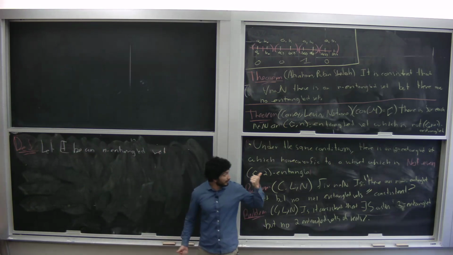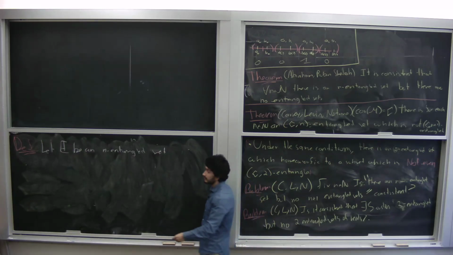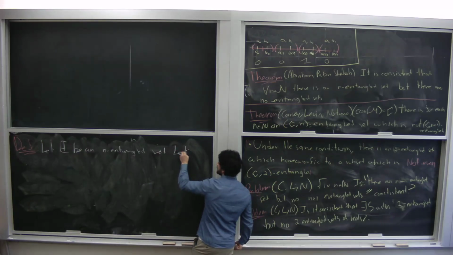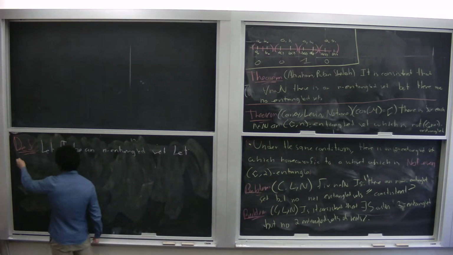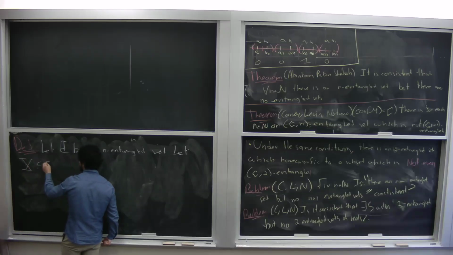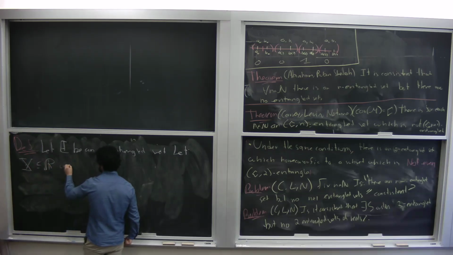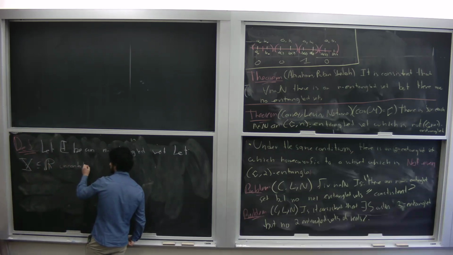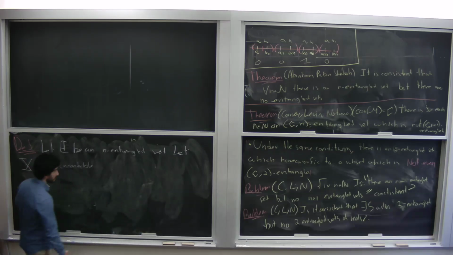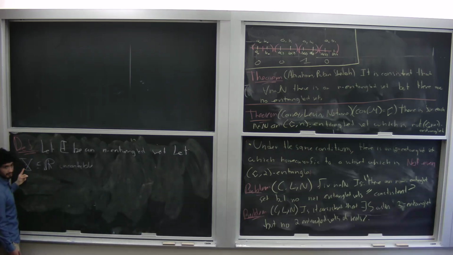This is the one that we want to put there. And let X be a subset of the real numbers which is uncountable. This is the set that we want to destroy. It's n+1 entanglements.